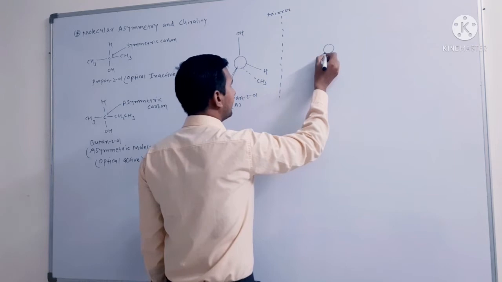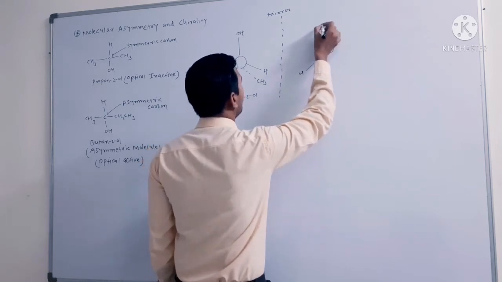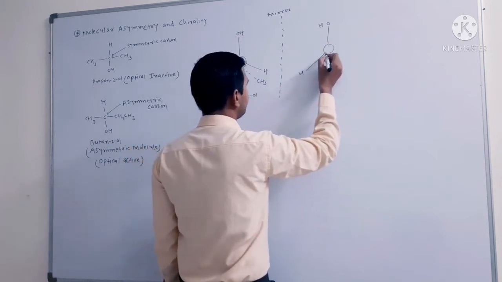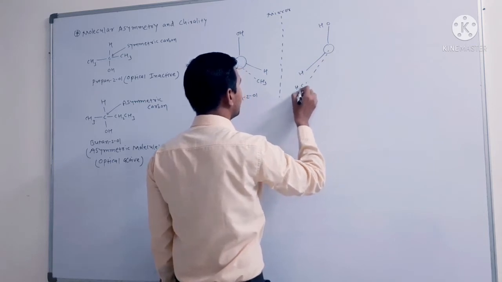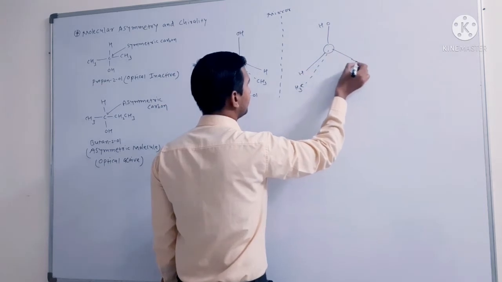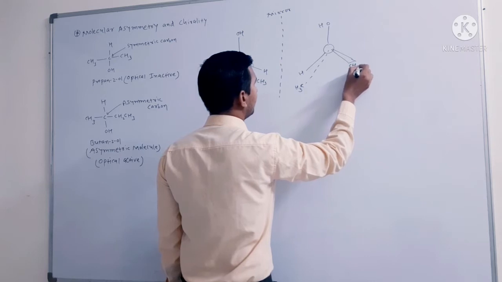So here we get hydrogen, OH, CH3 and another CH3.